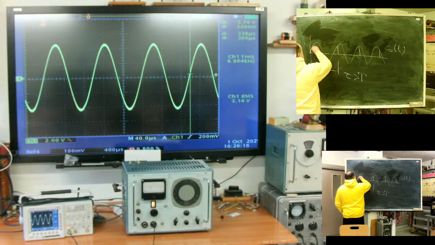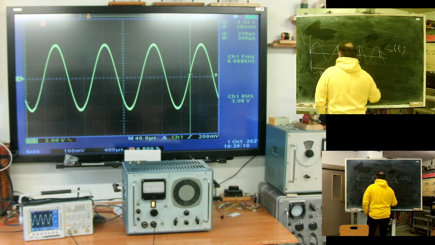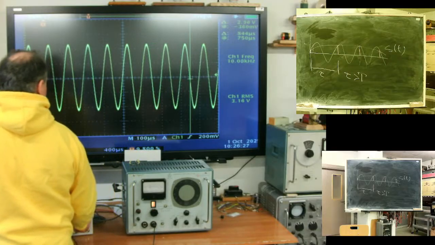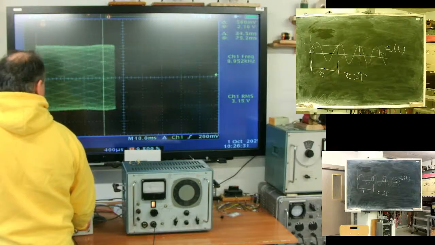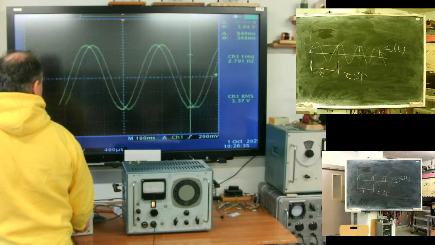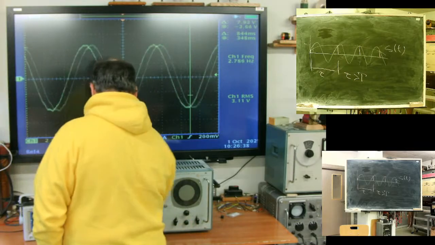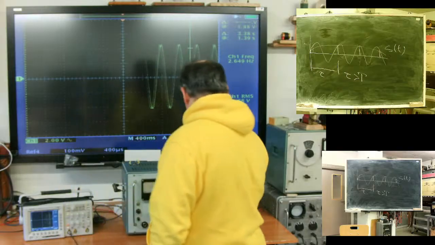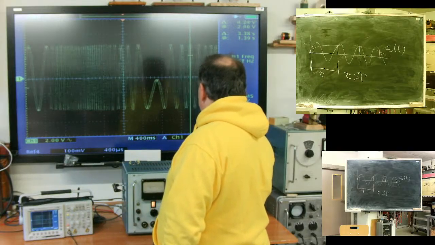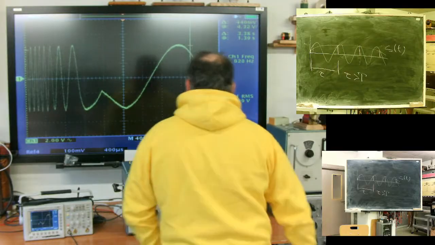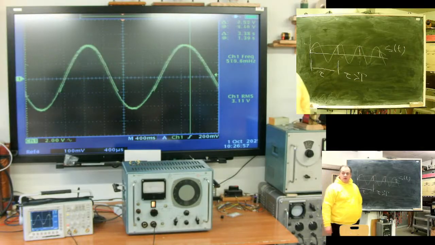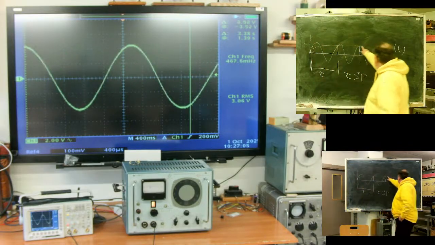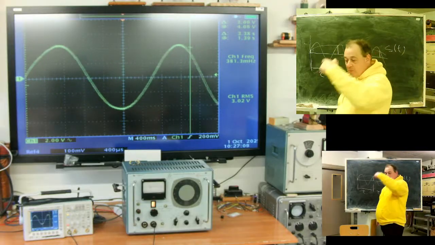If I create something very slowly, like a stroboscope, I will get something like this. It isn't the original signal. It's this red line consisting of multiple points from multiple periods.